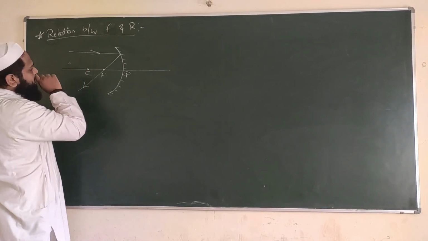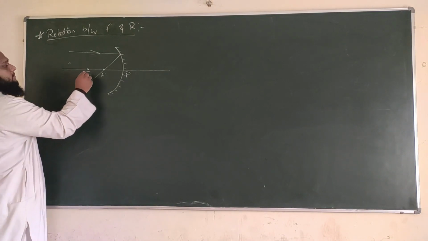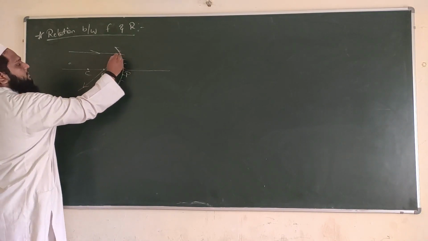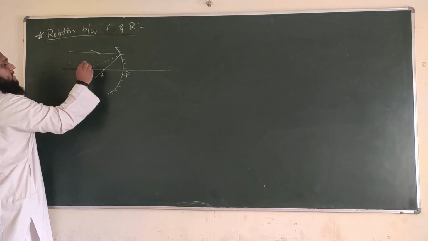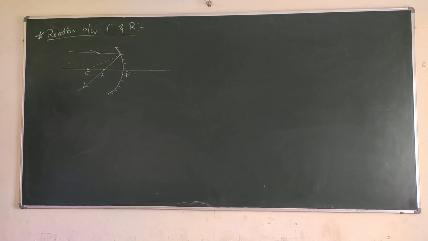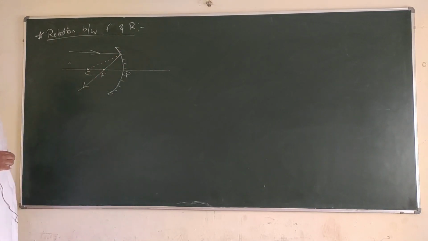Also, from the center to the point of incidence, that is your normal. I hope you remember I have given the definition: normal is the line joining center of curvature and the point of incidence.